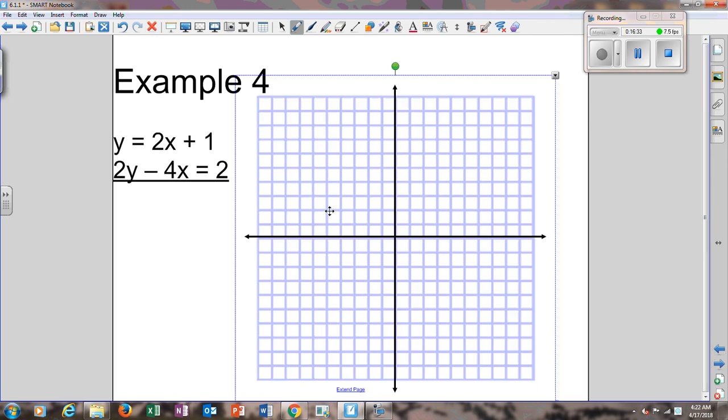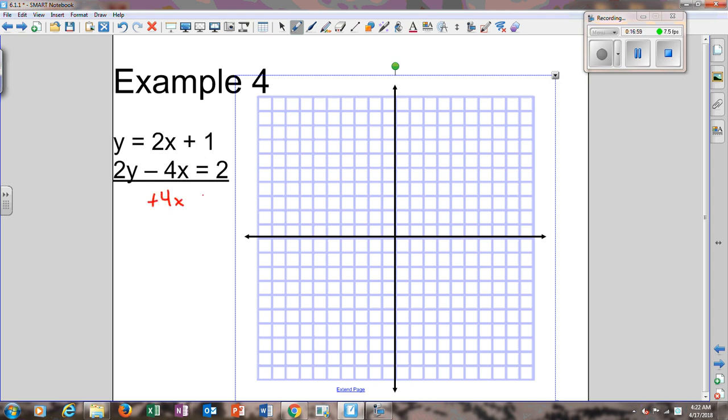All right, example 4. Here we have it a little different. We have y equals 2x plus 1, and then we have 2y minus 4x equals 2. What's the problem with the second equation? It's not in slope-intercept form, so you have to get y by itself.